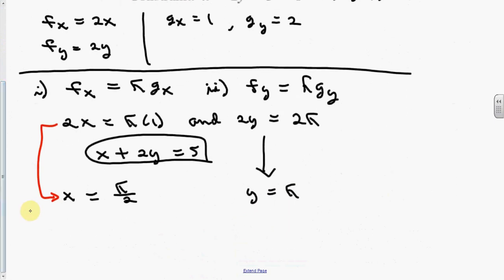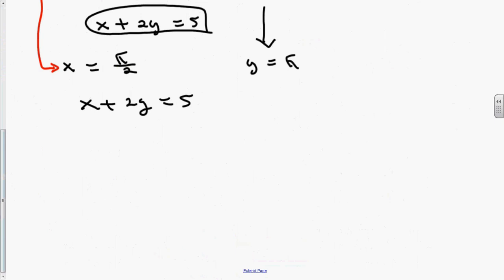So with that being said, I can take x plus 2y, replace the x with its representation of lambda over 2, and then replace the y with lambda. So we have x plus 2y equal to 5. That is to say, lambda over 2 plus 2 times lambda is equal to 5. Now we just solve for lambda, then that gives us the value for x and the value for y.